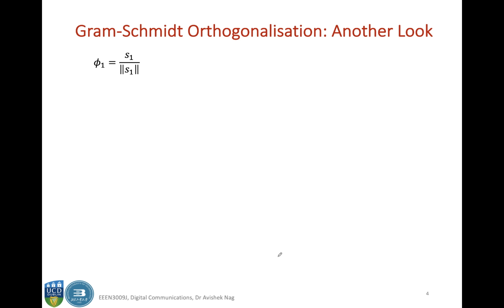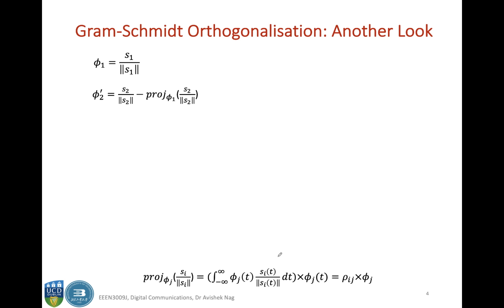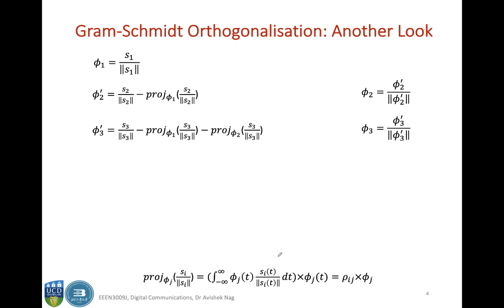You can have phi1 along the signal S1, and then if you calculate the projections, you can find phi2 dash using this formula, and then normalize phi2 dash to get phi2. If you have multiple signals, you can extend this and find all the required dimensions of the signals.